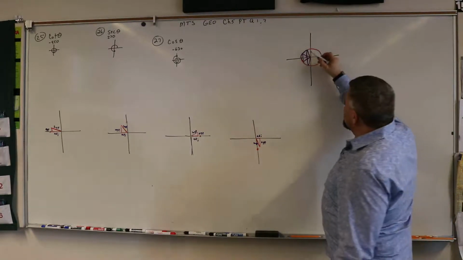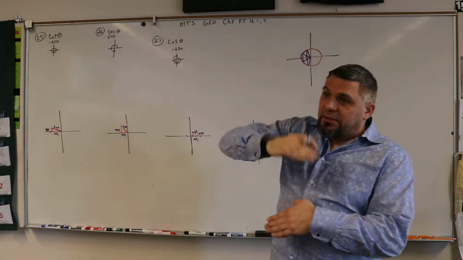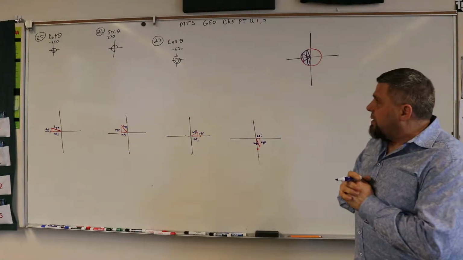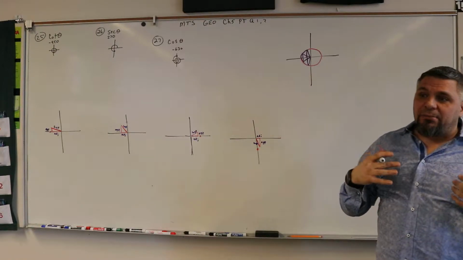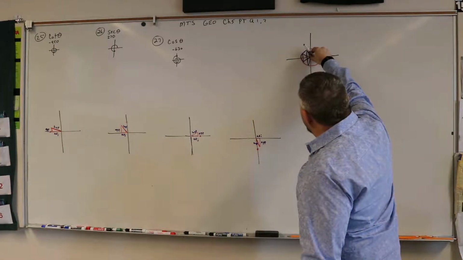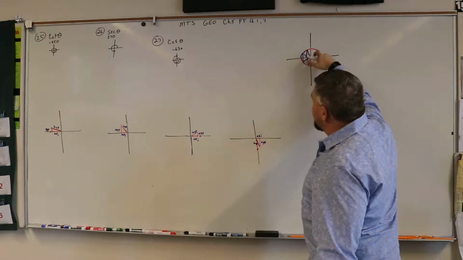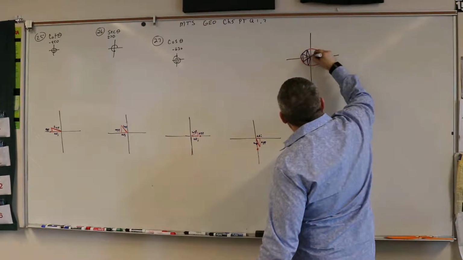So as this angle goes around the unit circle, it creates a different opposite side, but the hypotenuse always stays the same, because the hypotenuse is the radius of the circle, right?